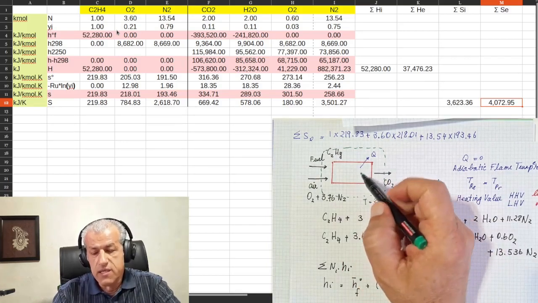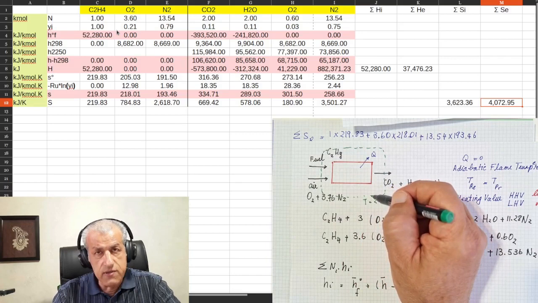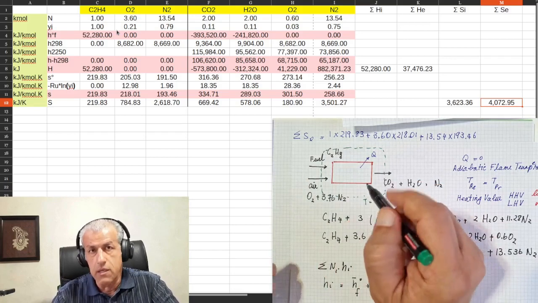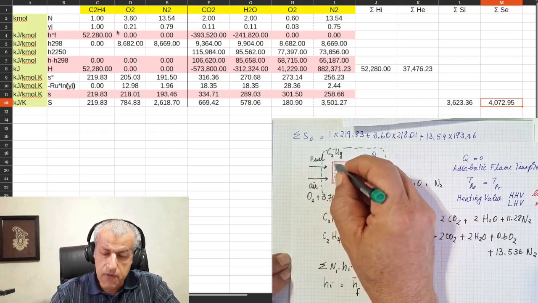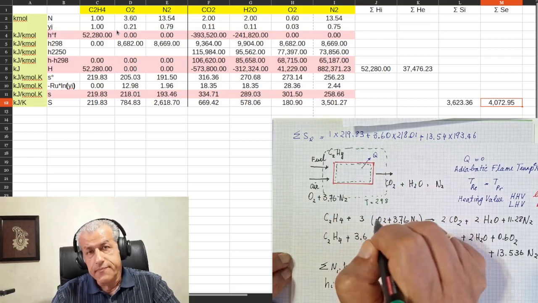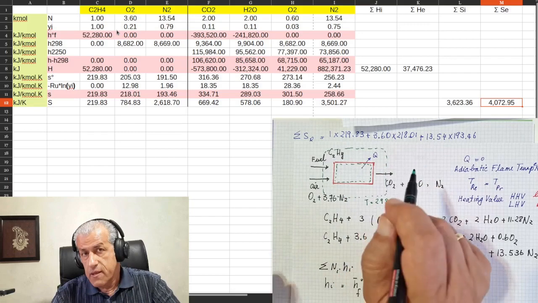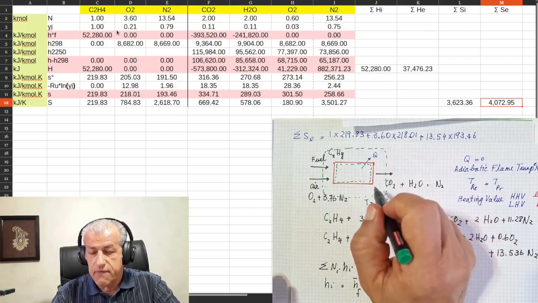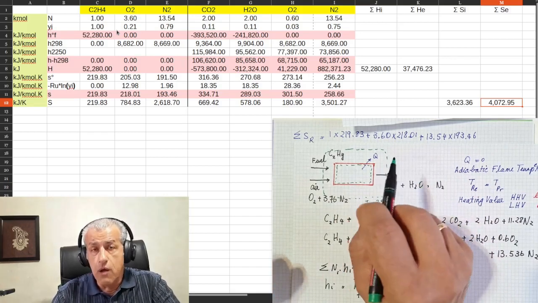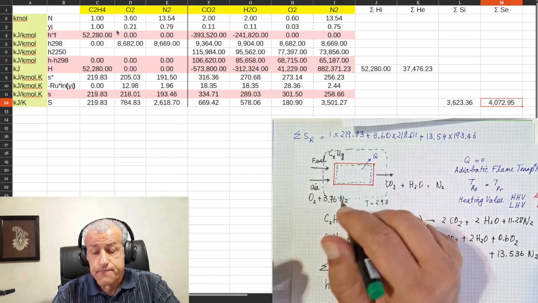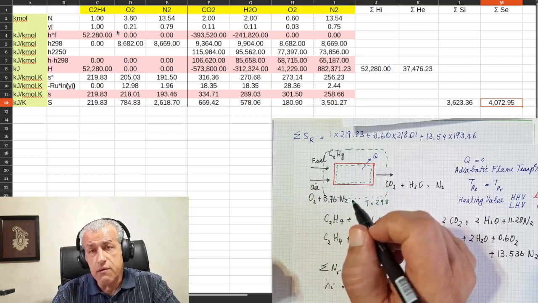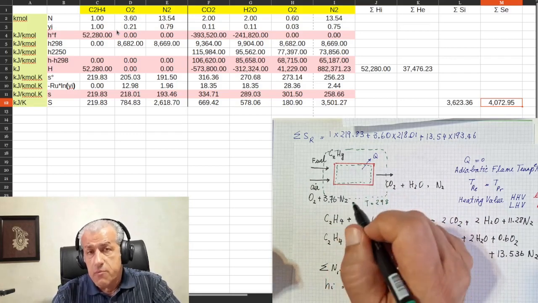First, combustion. Second, heat transfer to the surroundings, because the heat transfer to the surroundings is also included in this boundary. Now, if we assume some sort of temperature here, then we would exclude some of the entropy generated for this heat transfer, and we would account for the entropy generation for the combustion.